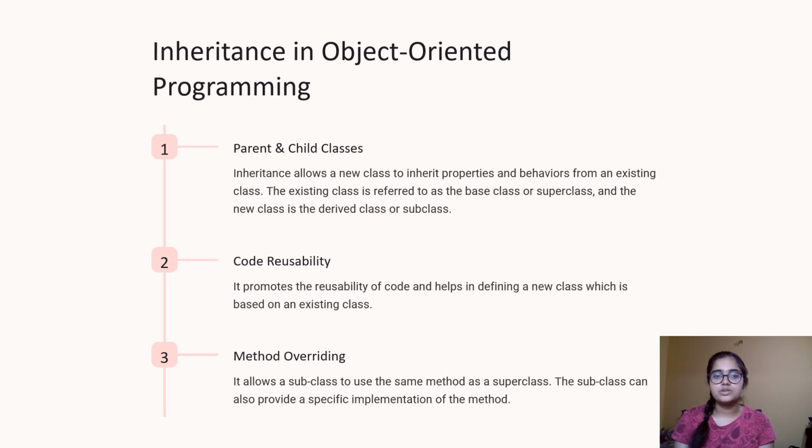Second is code reusability. It promotes the reusability of code and helps in defining a new class which is based on an existing class. Third is method overriding. It allows a subclass to use the same method as a superclass. The subclass can also provide a specific implementation of the methods.